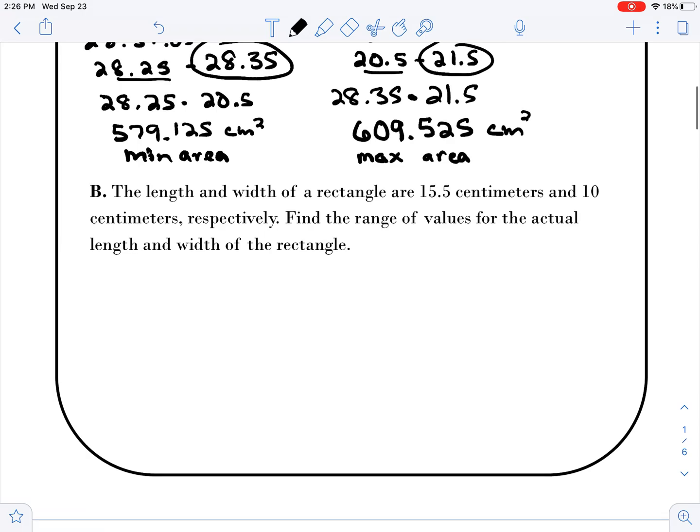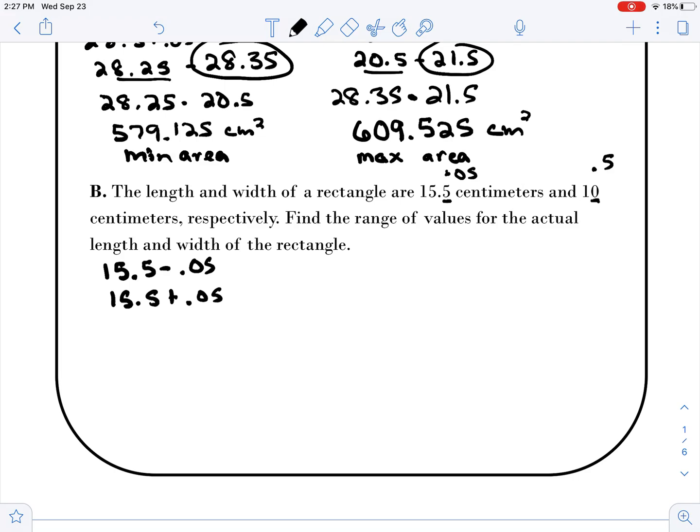We'll do one more of these. Again, this is rounded to the 10th place, so I just go one past that, so that would be 0.05. This rounds to the 1 place, so I go to the 10th place, 0.5. Then we subtract, 15.5 minus 0.05, and 15.5 plus 0.05.